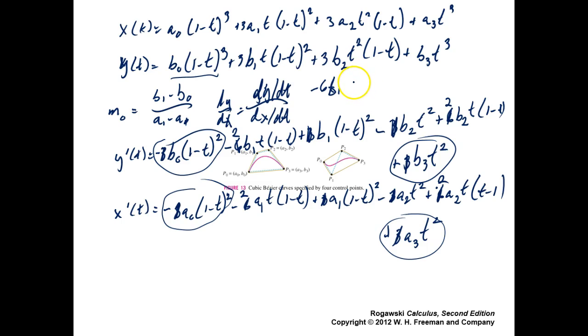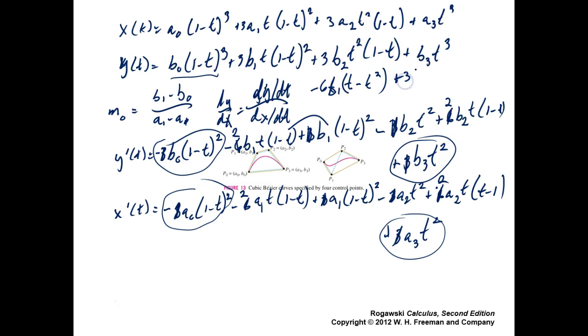That's minus 6 B1 times t minus t squared. Okay, if you combine these two. Okay, well, not quite. Let's continue. That's just the first one.